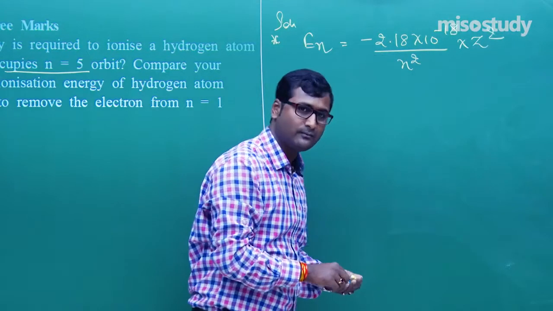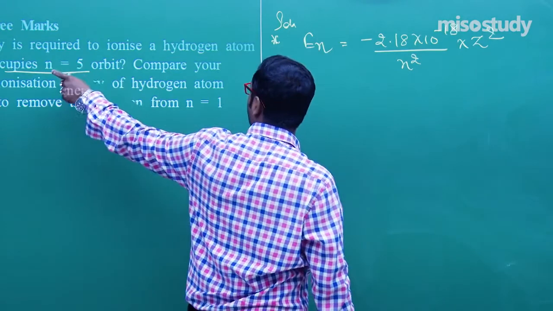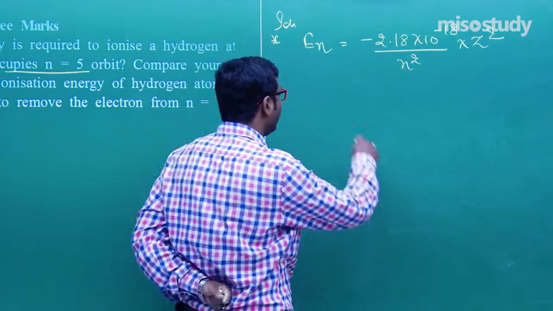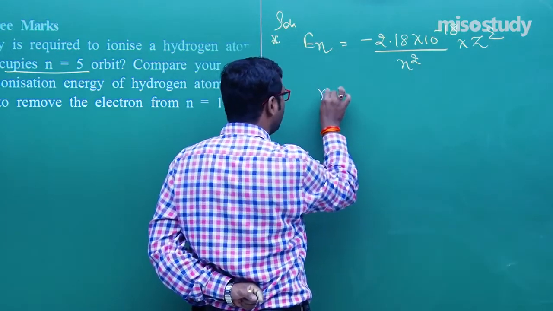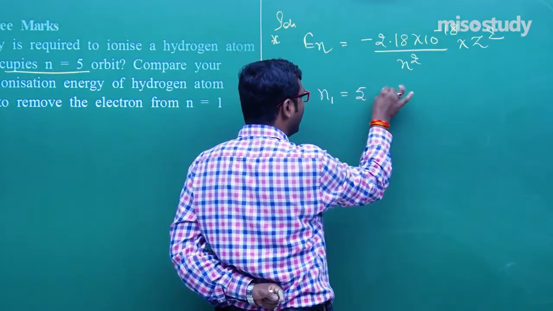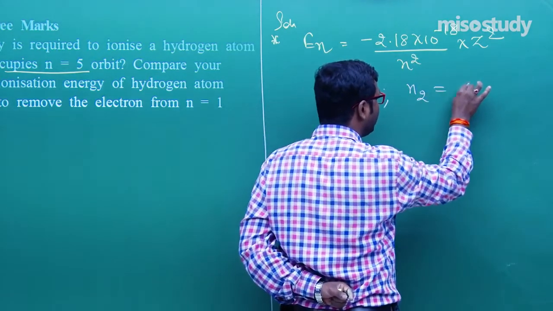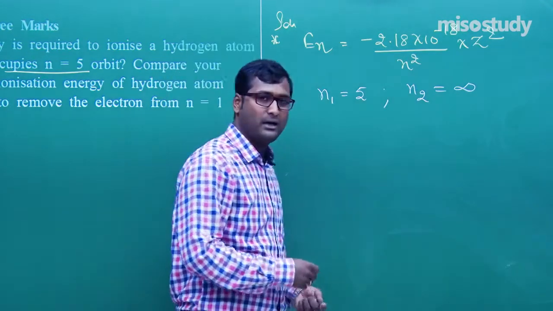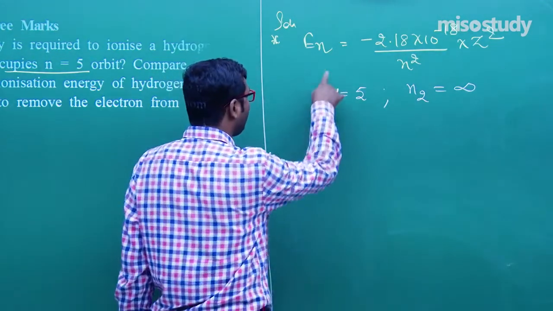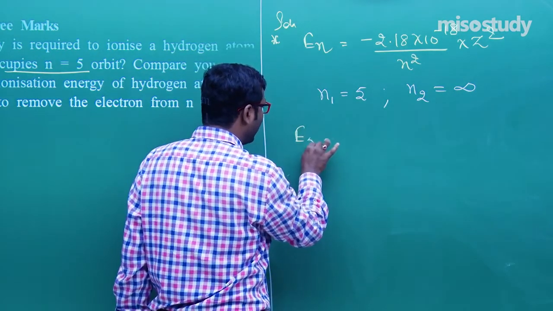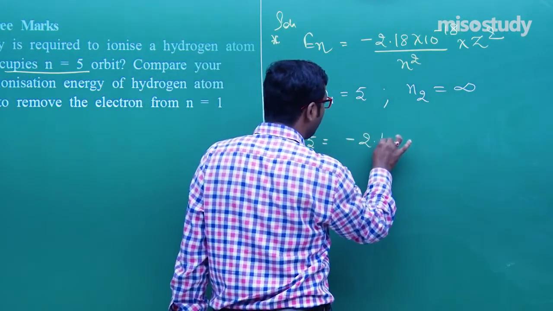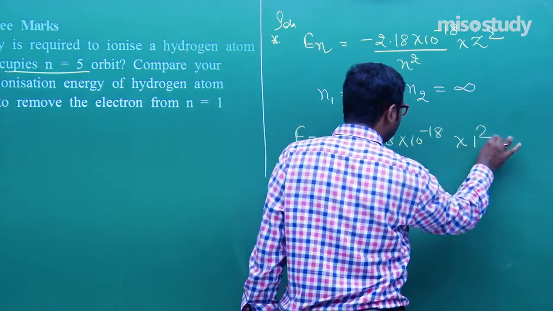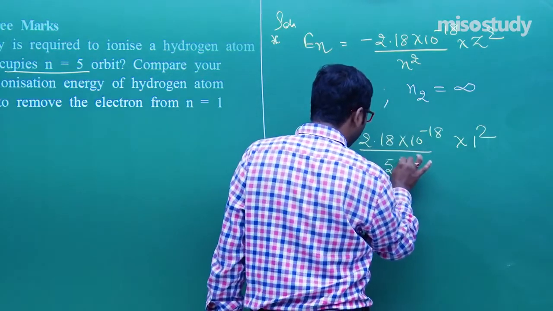This is the thing. Now you have to remove the electron from the hydrogen atom from n is equal to 5. That is, you have to release the electron from n1 is equal to 5 to n2 is equal to infinity. If you take this electron to infinity, that is the case of removal of the electron. For the first case put here E5 is equal to minus 2.18 into 10 to the power minus 18 for hydrogen atom 1 square upon 5 square.